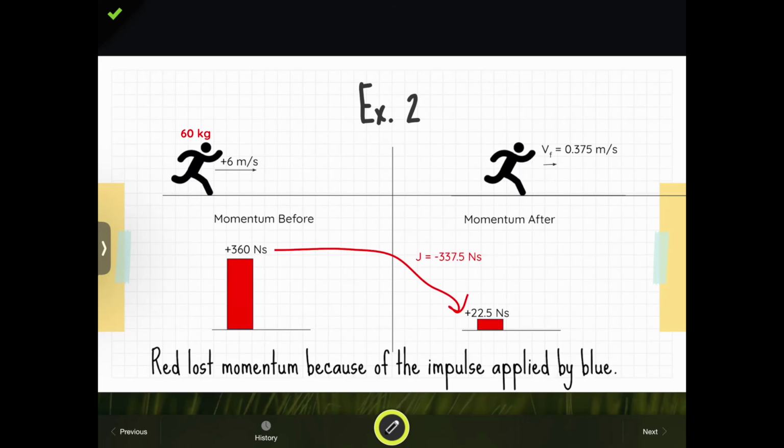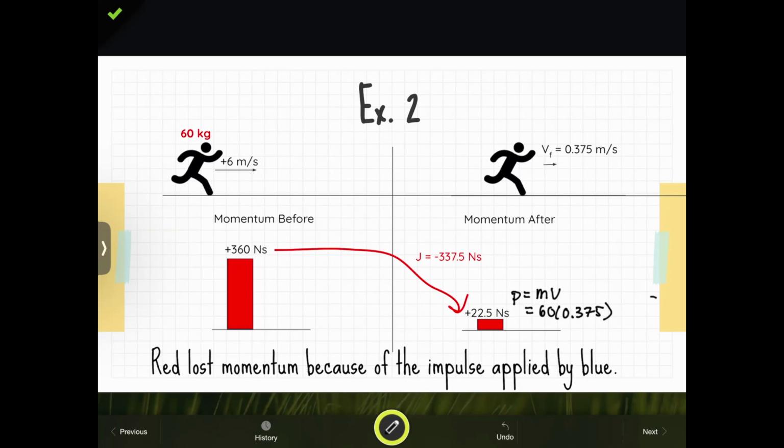In fact, if we do out this math, look at just red. This person's initial momentum was positive 360, and their final momentum would be the 60 kilograms of mass times 0.375, which is only going to be 22.5 Newton seconds.